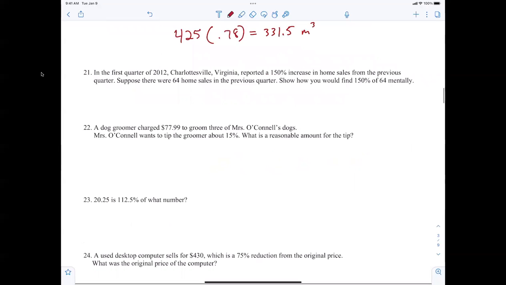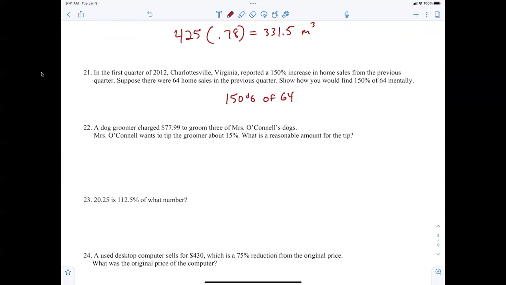Jacob, tell me about 21. So you do 54 times. So basically they're asking you to take 150% of 64. My question to you, I'm going to ask you on the test tomorrow: how would I find that? I don't care what the answer is because everybody can use their calculator.